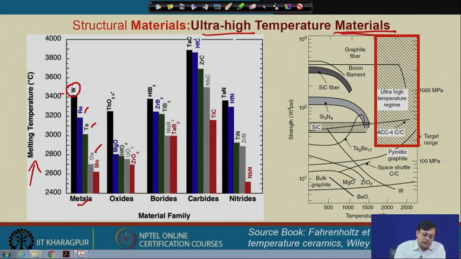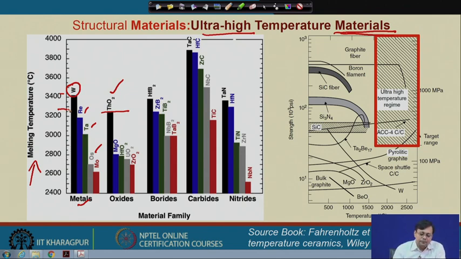But if we consider an oxide like thoria, thoria is often used as a hardening agent in a composite microstructure like TD nickel, thoria dispersed nickel, which can withstand very high temperature, but you cannot go beyond this level, like 3000, otherwise the particle itself will melt.